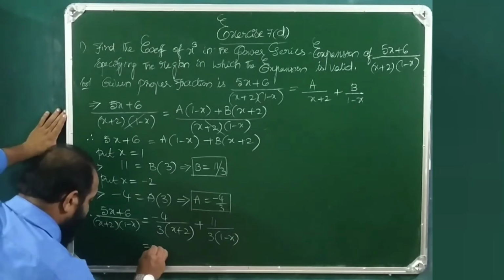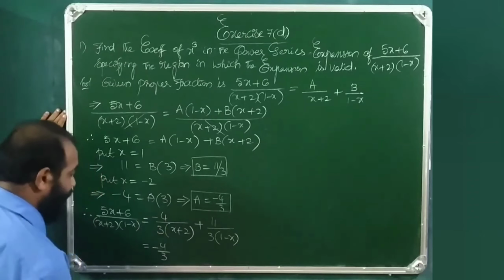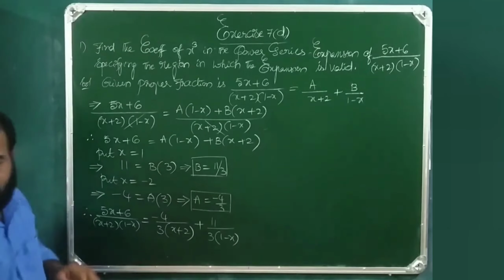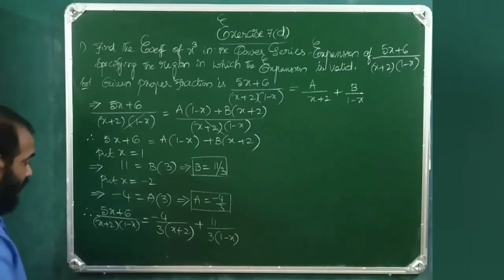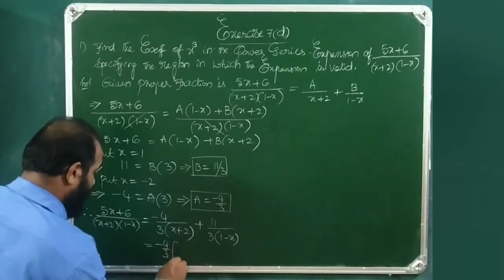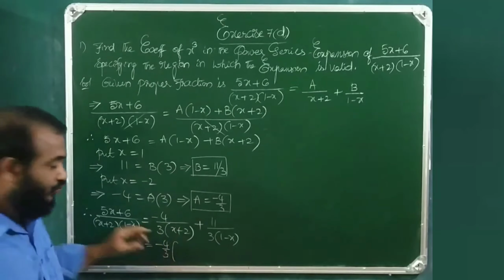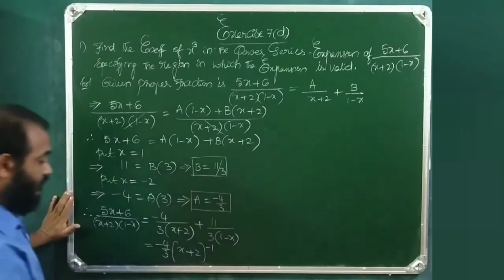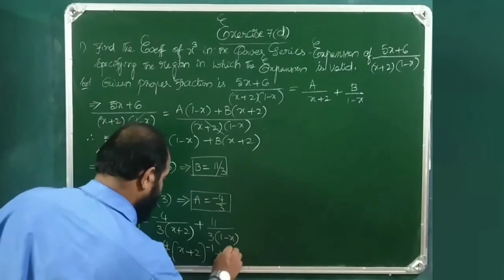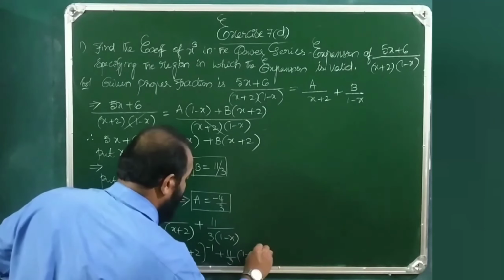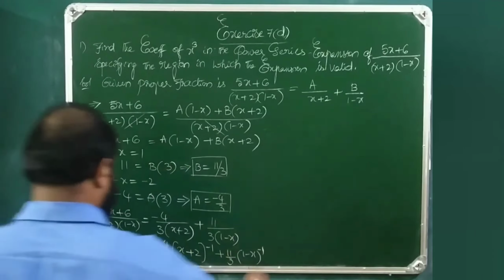So this is equal to minus 4 by 3 into (x plus 2) whole power minus 1, plus 11 by 3 into (1 minus x) whole power minus 1.